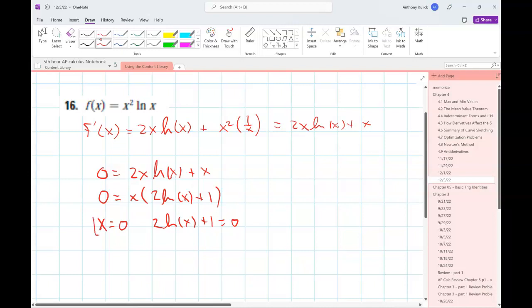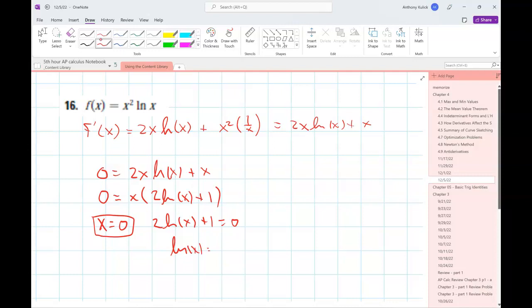So x equals 0, and then the natural log of x is going to equal -1/2. To get x by itself, we'll exponentiate base e on both sides. So x is going to equal e to the -1/2.